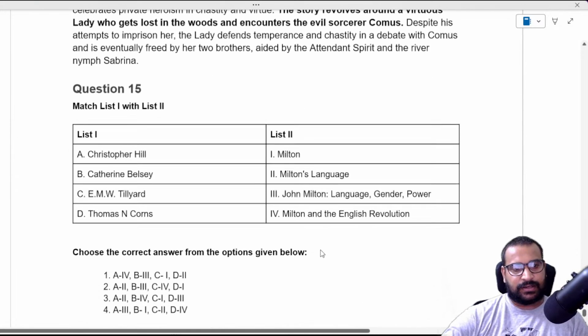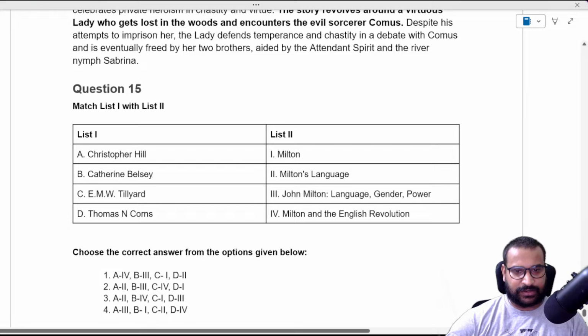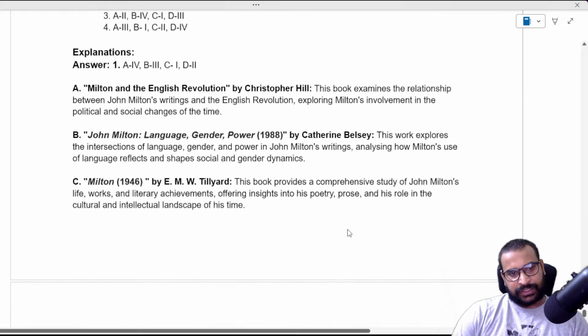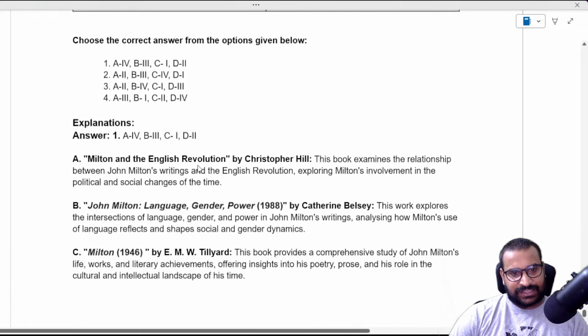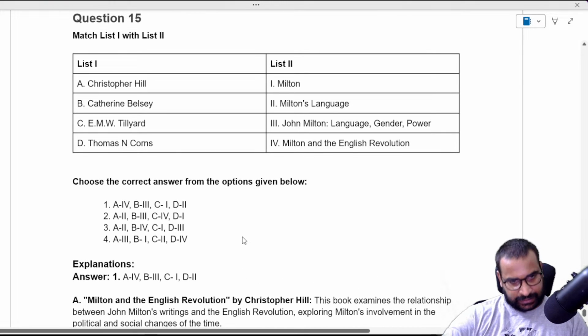Question number 15, it is talking about who has written these works on Milton. So here is the answer. Milton and the English Revolution is written by Christopher Hill.